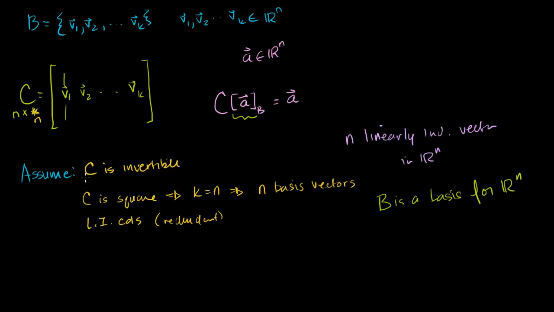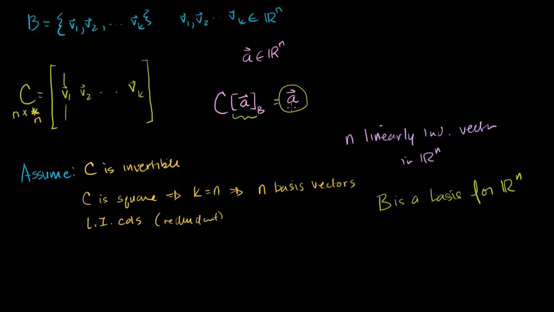So if we know that C is invertible, we also know that you can get to any vector in Rn by some linear combination of your basis vectors. In the last video, we had to make sure that this vector was in the span of these vectors.